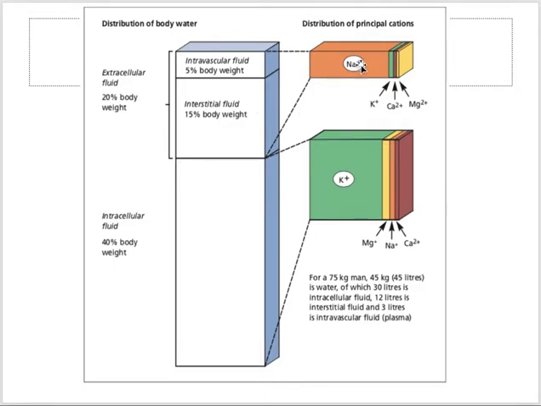In the ECF, they are showing the cations. Cations are sodium, potassium, calcium, and magnesium. The main cation of the ECF is sodium, whereas the main cation of the ICF, the intracellular fluid, is potassium.